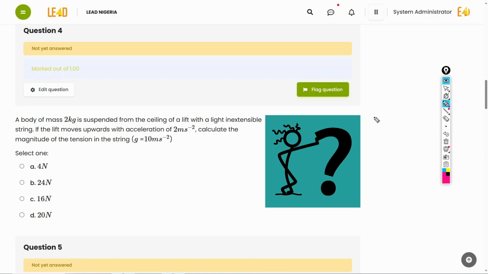Okay. A body of mass 2 kg is suspended from the ceiling of a lift with a light inextensible string. If the lift moves upwards with an acceleration of 2 meters per second squared, calculate the magnitude of the tension in the string. Here's what we have.